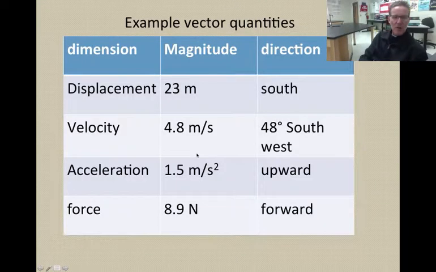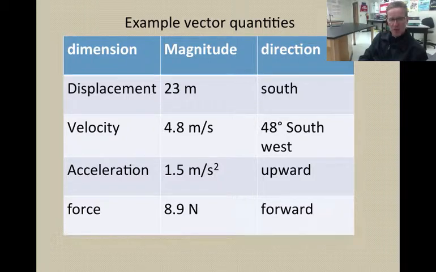Okay, so here's some other examples of vector quantities, and I thought it would be useful if you see how that should look when you're asked what was the displacement, what was the velocity, and so forth. We should always see a magnitude, and we should always see a direction.